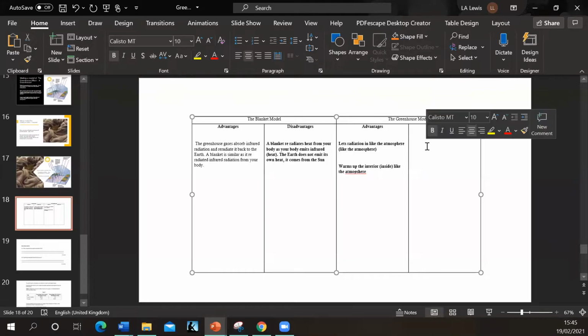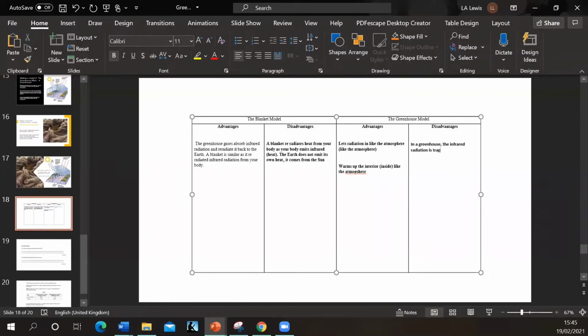Disadvantage. Only kind of there's one. The reason why it made me think about doing this was there is one disadvantage of greenhouse effect. So in a greenhouse, the infrared radiation is trapped by the glass.